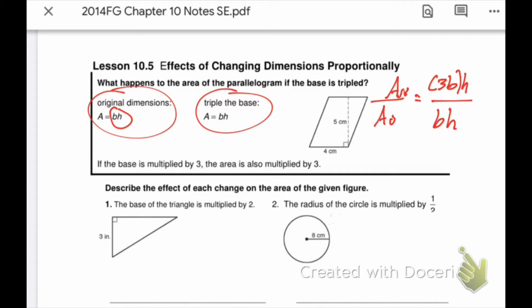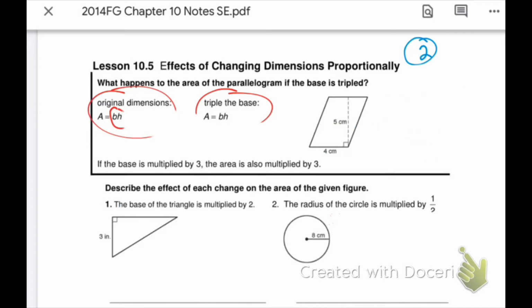When I cancel these, the h's cancel, my bases cancel, I'm left with 3. So the second way we did this, I didn't even have to plug in any of the values. I didn't have to plug in 4 or 5 or anything. I just used the formulas and just compared the change in the base. I just plug it right into the formula, cancel out like terms, I'm left with 3. So that's the second way we could do it. Also works fine.